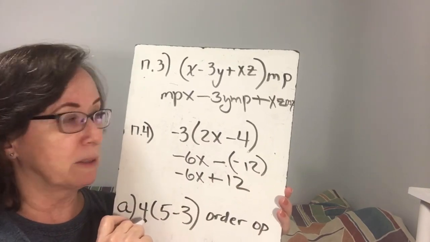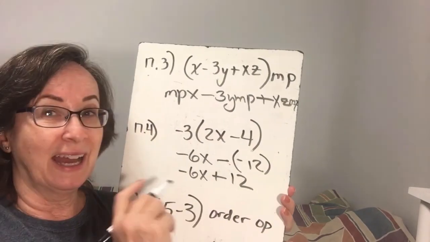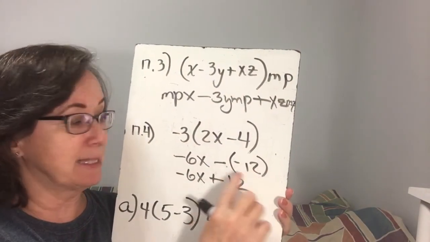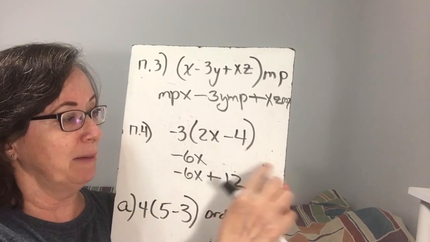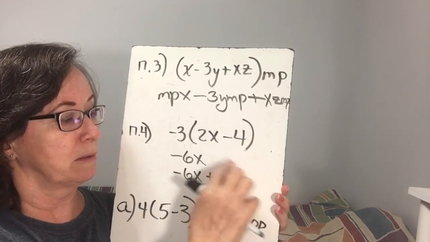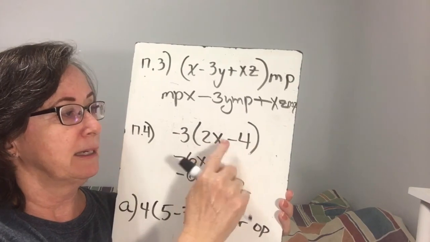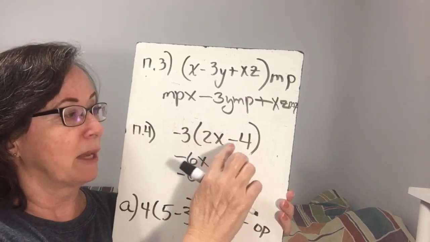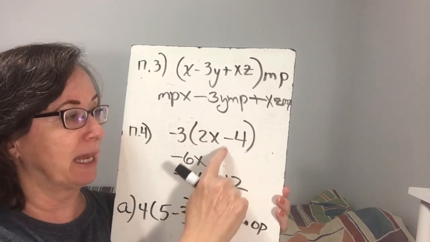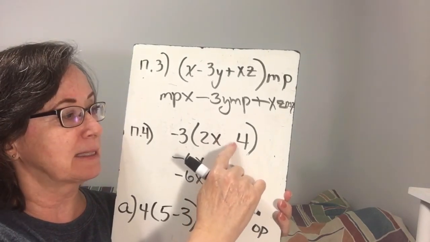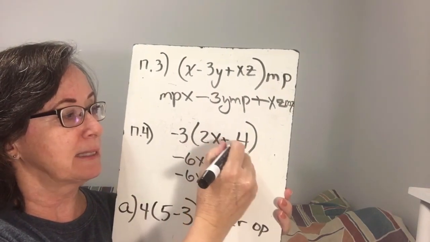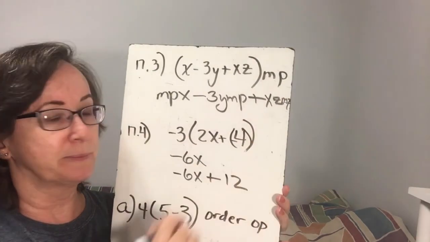That's one way to do it. Or I could just not worry about this. And I could say, I'm just going to, in my mind, change this. I'm going to attach the minus sign and call this a plus sign. So basically, it's the same as plus a minus 4.